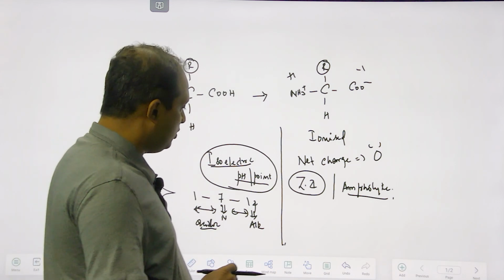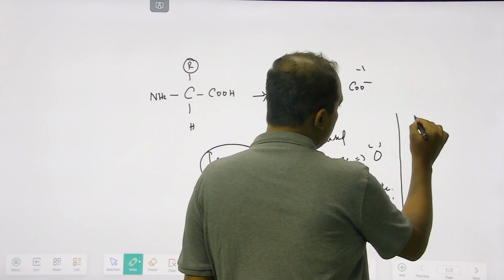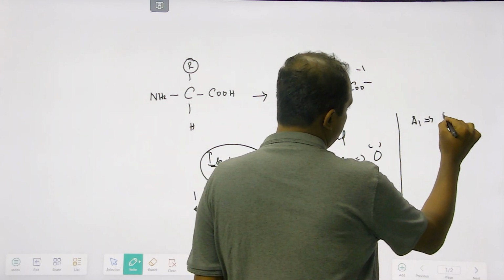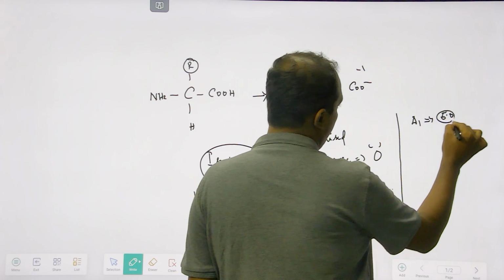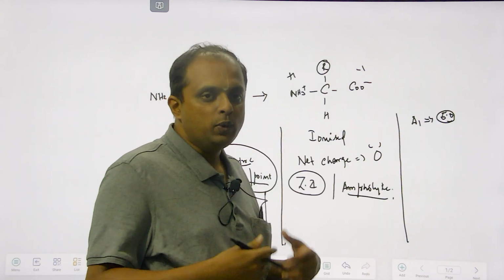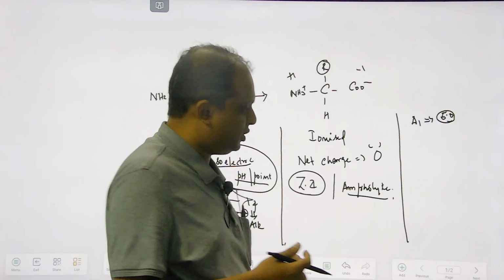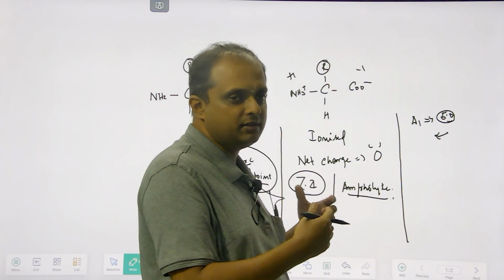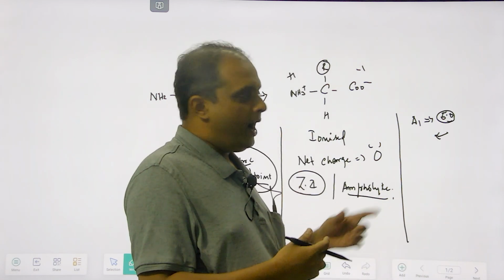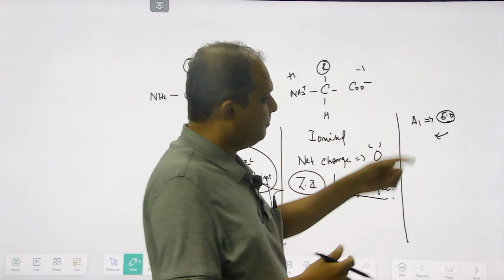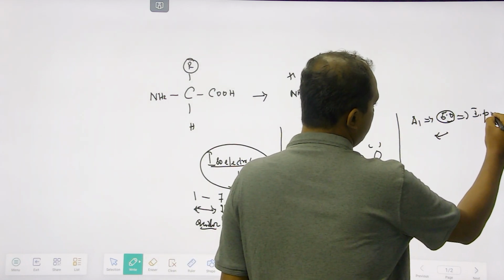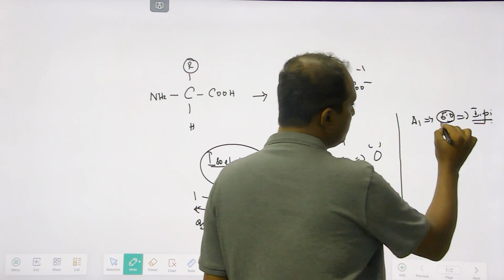One more thing to add: let's assume that an amino acid A1 has an isoelectric pH of, say, 5.0. What happens if I bring down the pH? At 5.0, being the isoelectric point, it behaves as a Zwitter ionic form.